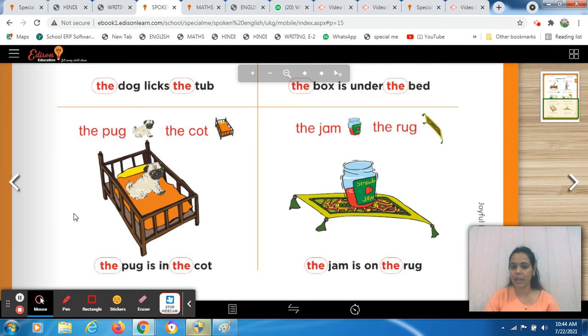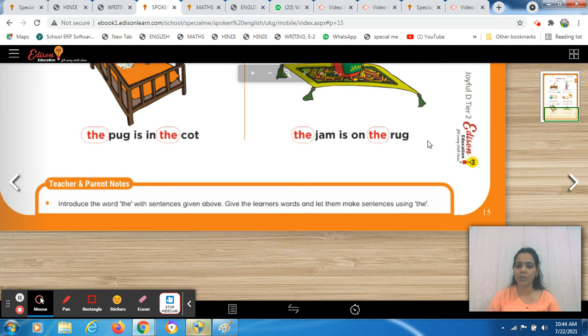Maybe they will form like this. Okay, so in this way you just have to give them words and let them make the sentence using the. If they are not making the sentence using the, it's fine, you just have to correct them. So they will form like the pen and the pencil. Fine.